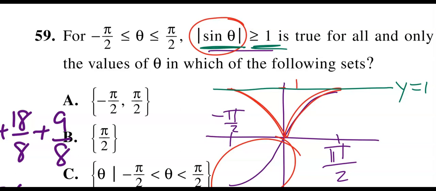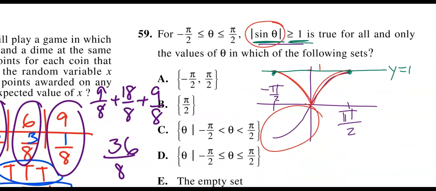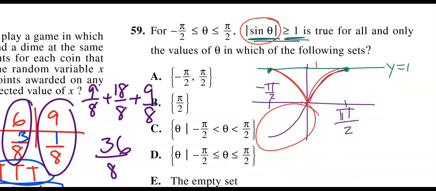But there might be an equal to. It's equal to at that spot and at that spot right there. What are those two spots? I have them written in purple. Pi over 2 and negative pi over 2. Choice A. It's not a range of values, folks. It's just those two values, and that's it.